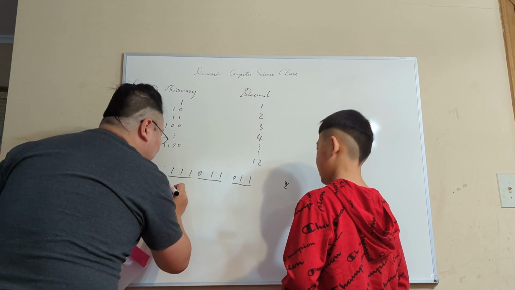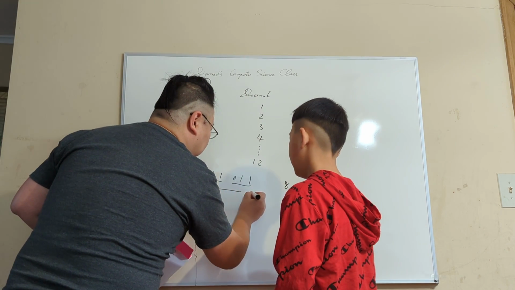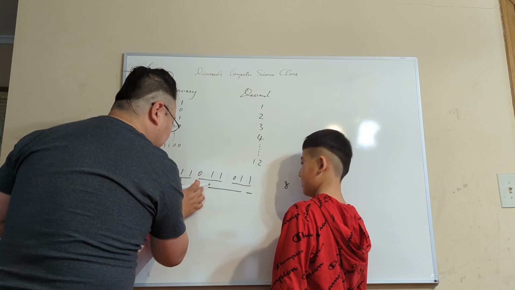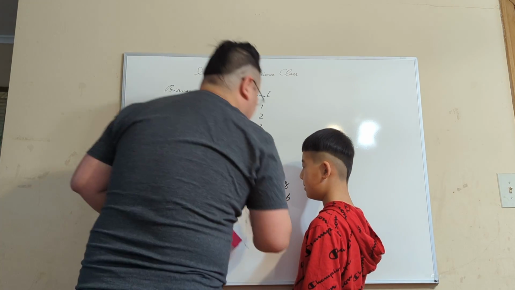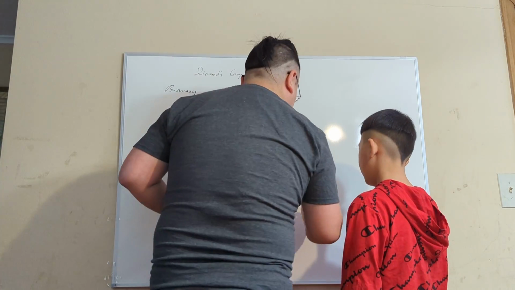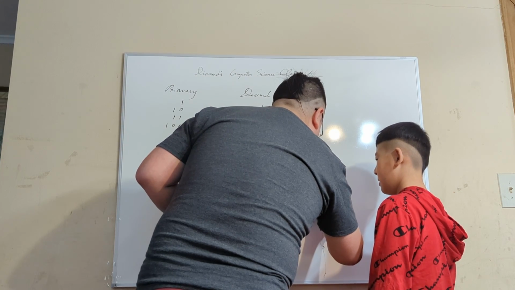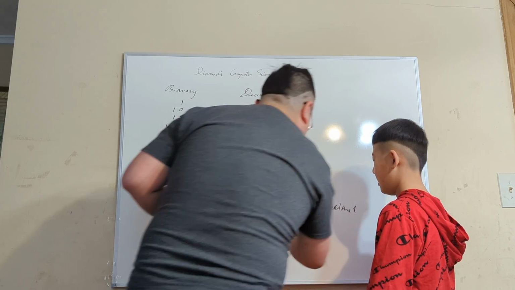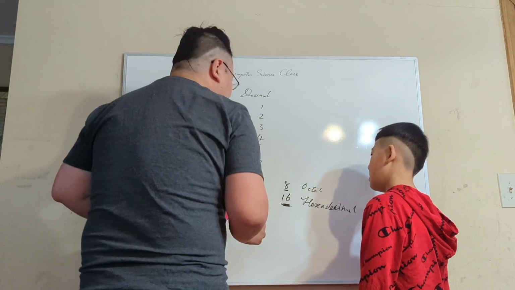The other way is we group each 4 digits. This is 3 digits. This is 4 digits. This is base 16. This one is called octal. This one is hexadecimal. This is based upon 16. This one is based upon 8.